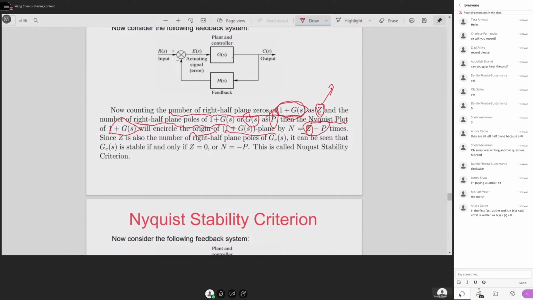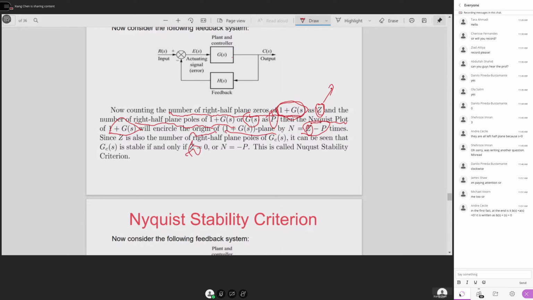Now, you want the closed loop system to be stable. What do you think the condition is going to be? I've already said it here: this Z number must be equal to 0. In other words, I should not see right half plane closed loop poles.